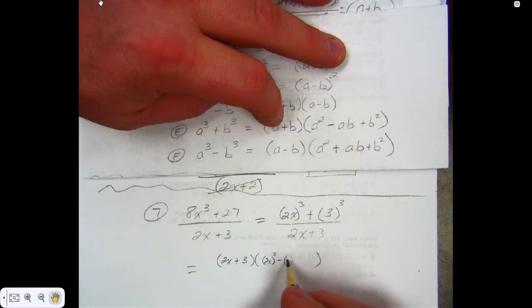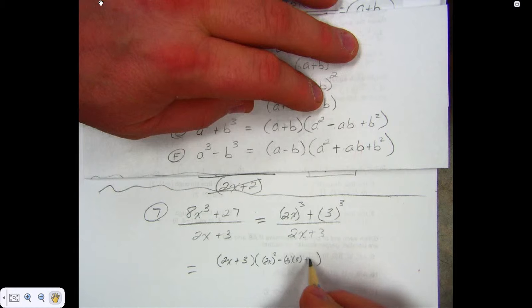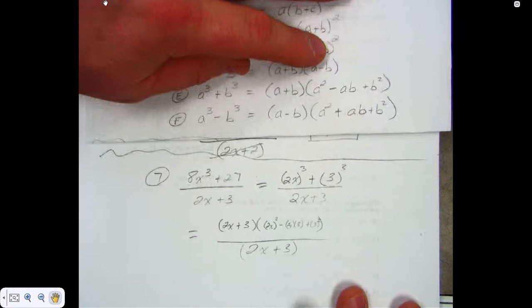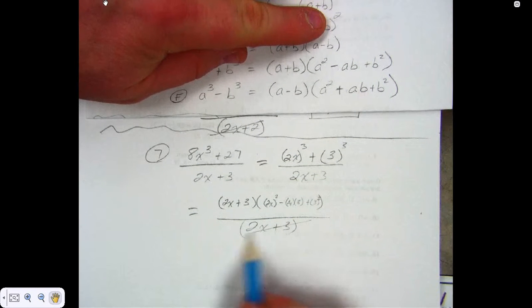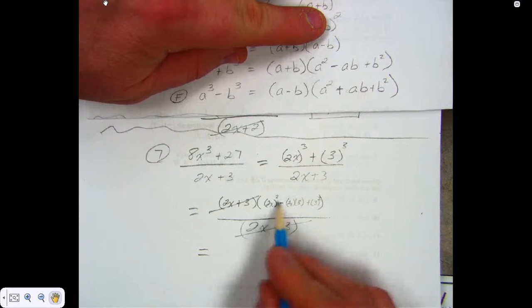What's A? 2x times, which is B, plus whatever B is, which is 3, and square it. All of that over 2x plus 3. What ended up happening? Was there a common factor? Something I could cancel out? Right there, right? So your answer is that cleaned up.